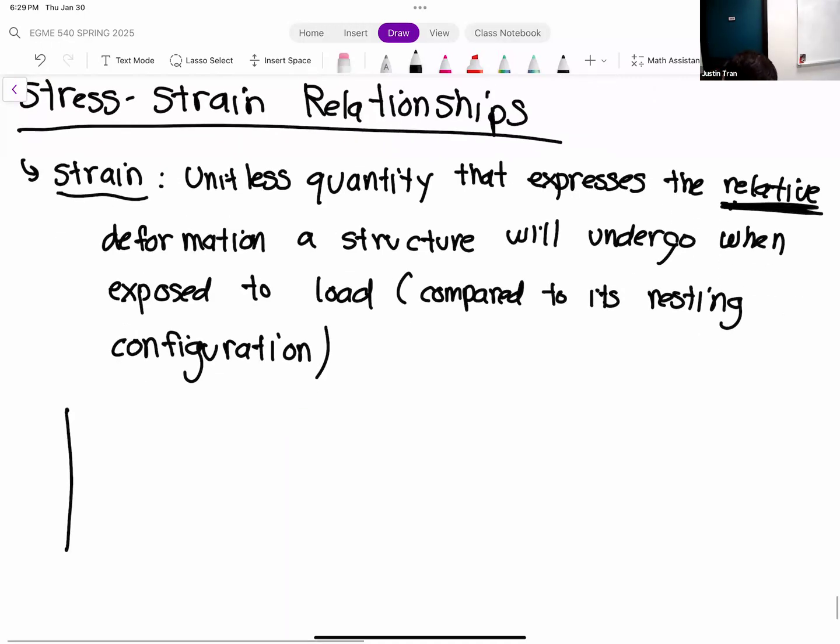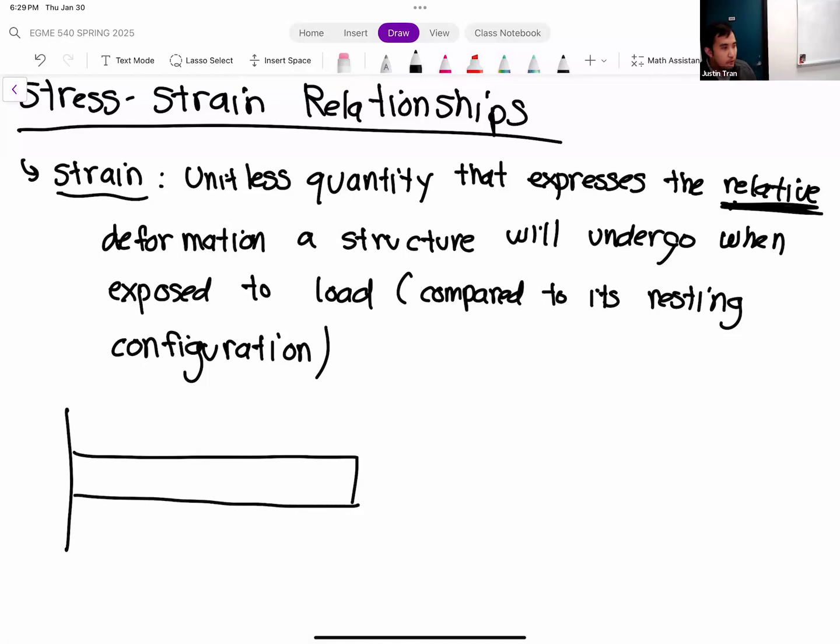Okay. So if you have a rod that's attached to a wall like this, and let's say that we apply a tensile force, T. If you apply enough force, or even a very small amount of force, the rod is going to stretch, right?